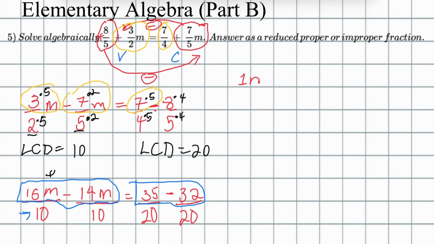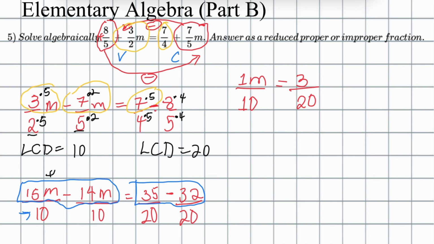If you want to write 1m, that's acceptable. And then we know that the lowest common denominator is 10, so we keep it the same. We keep our equal sign, please don't forget it. And we say that 35 minus 32 is going to be 3, and the lowest common denominator is 20.